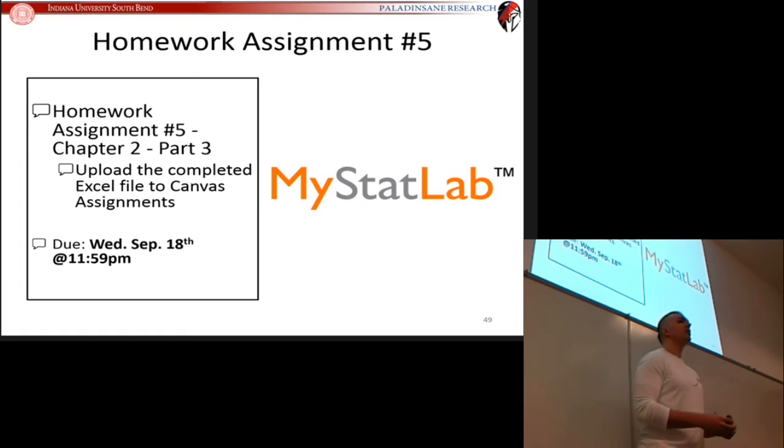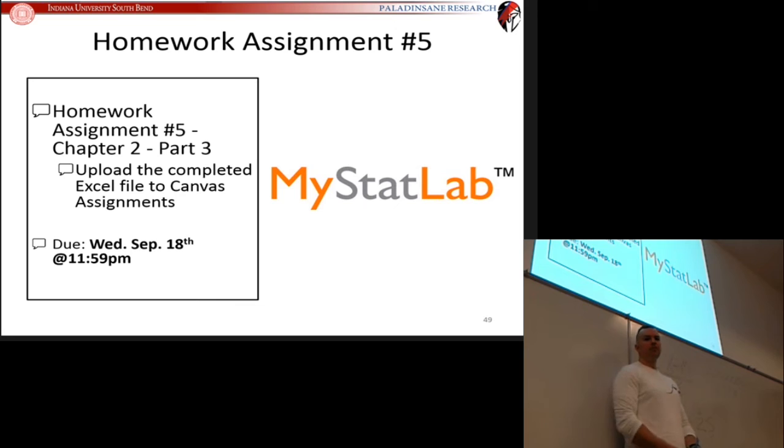Now on your homework, you'll see that it is, much like your other homework, automatically graded. You do have as many attempts as you want, so if you don't get it the first time, give it another shot. Check to make sure that you're getting the correct means and the correct standard deviations.